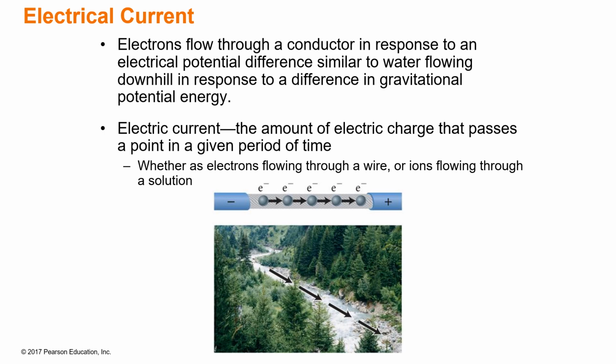The flow of water is going to move in the direction that's easiest for it, so typically that's downhill in response to differences in elevation. Well, electrical current is similar. We're going to have the flow of electrons, and it passes through a given point at a time, and it's going to flow from a higher potential energy to a lower potential energy.